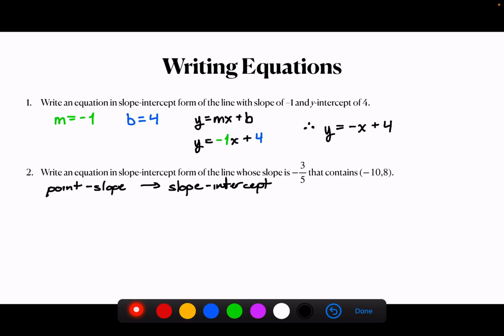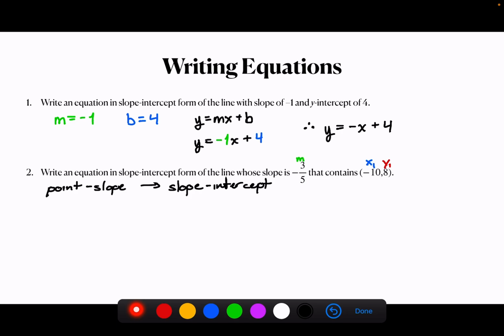So let's do this. Essentially, we have our x1 and we have our y1 and we have our slope.